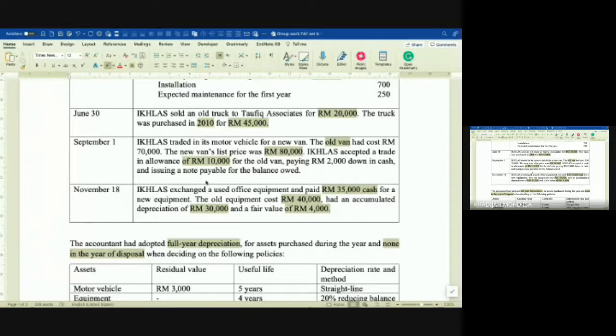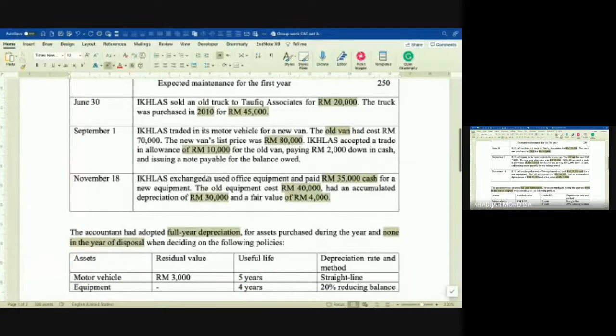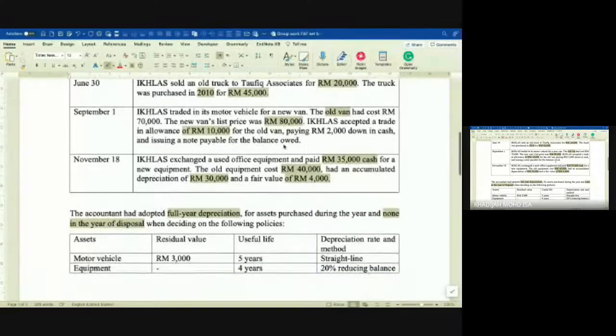So what would be the accumulated depreciation? Let's compute the accumulated depreciation of the old van. The old van 80,000, so minus residual of 3,000. So 80,000 minus 3,000, and how long is it going to be? Oh, for 5 years. Yes, 80,000 minus 3,000 over 5 years.